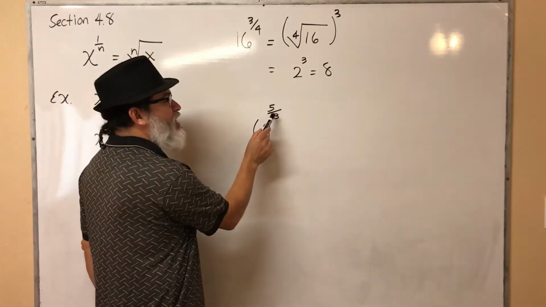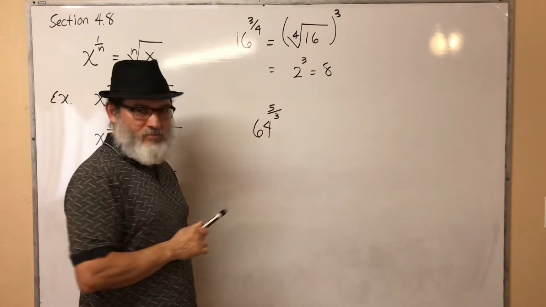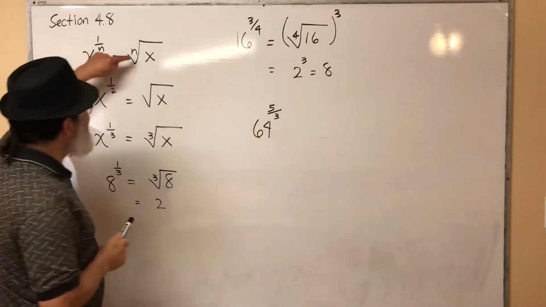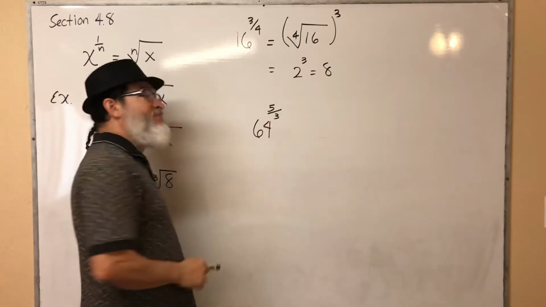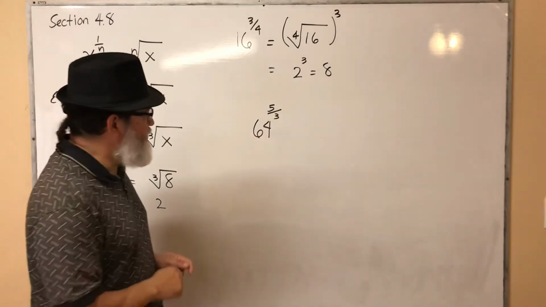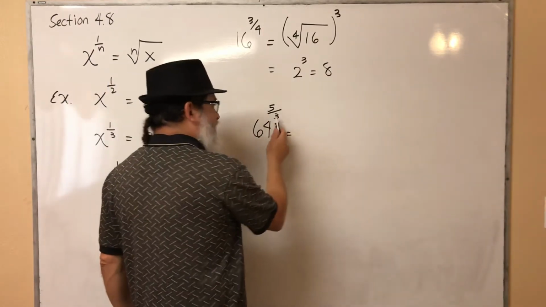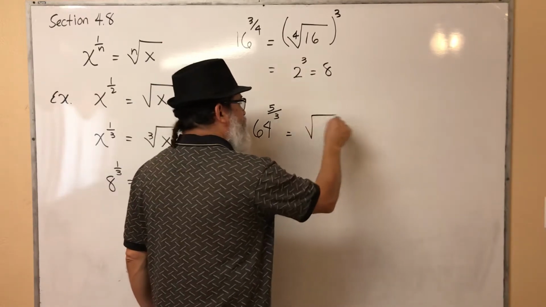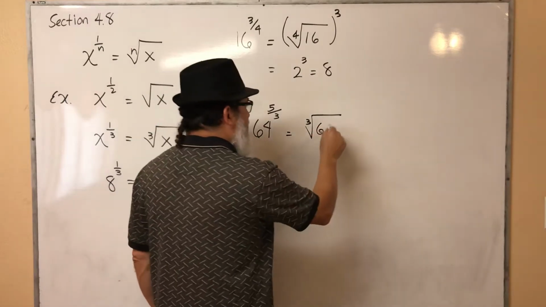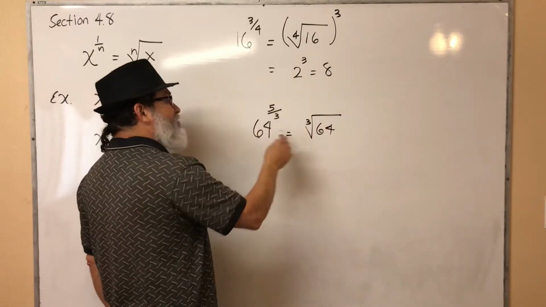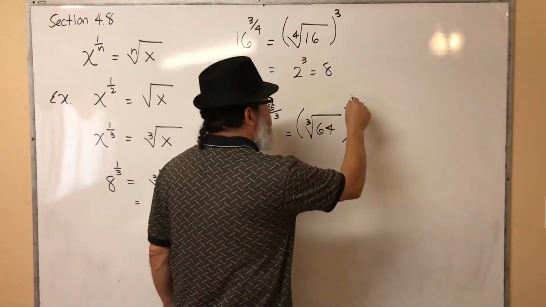This denominator is the root, the index. You see this numerator? That's the power. So watch this. This becomes the index, the cube root of 64, and this becomes the power, to the 5th power.